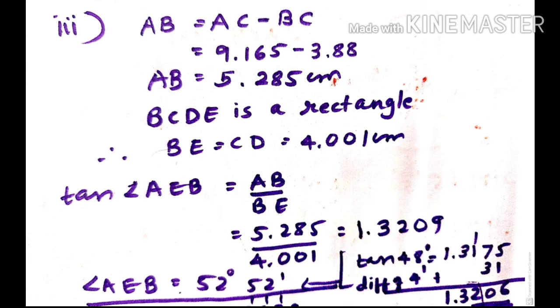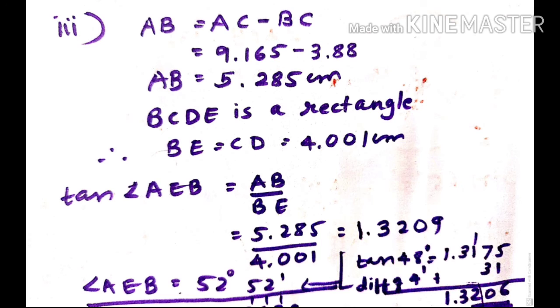If I add this 31, then I get 1.3206, which is very near to our value. Our value is 1.3209, and here I found 1.3206, which is very near.